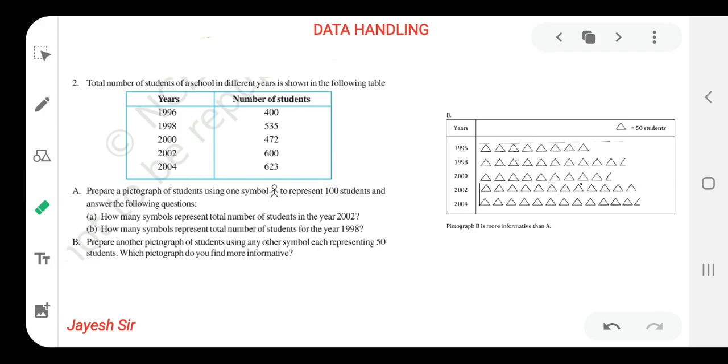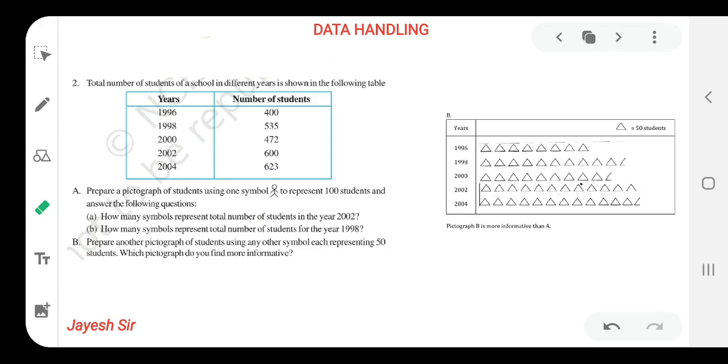Now which pictograph do you find more informative? I find pictograph number 2 more informative. Why? Because in that we can give accurate results, like 72, instead of rounding to 100. Yes friends, the symbol value should be small so that we can give the specific answer, and our answer should be precise.